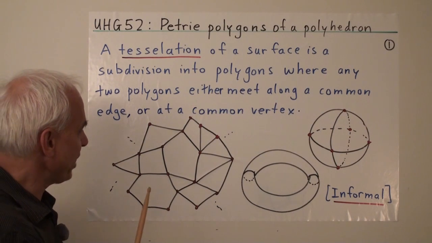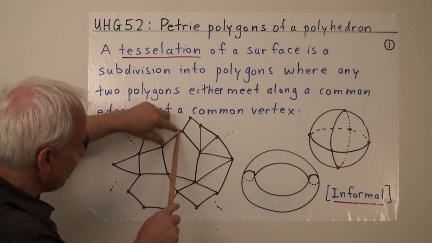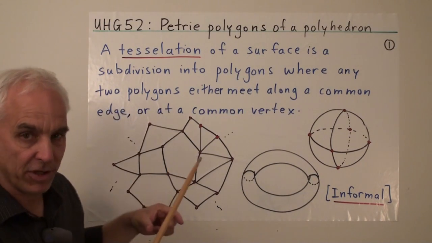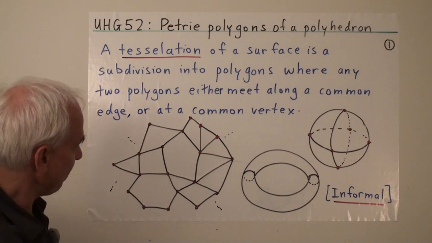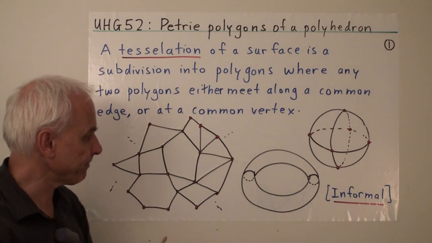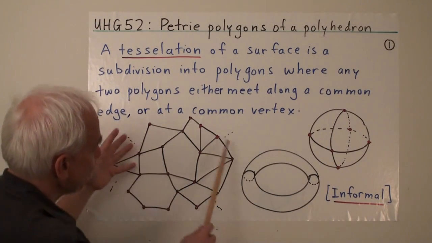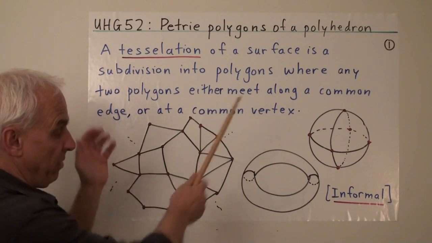So we don't have a situation where two polygons together form one edge of another polygon. There's an edge of this polygon, there's an edge of this polygon, and they're exactly corresponding if they're touching. So this would be part of a tessellation, perhaps of a larger region, maybe even of the plane.